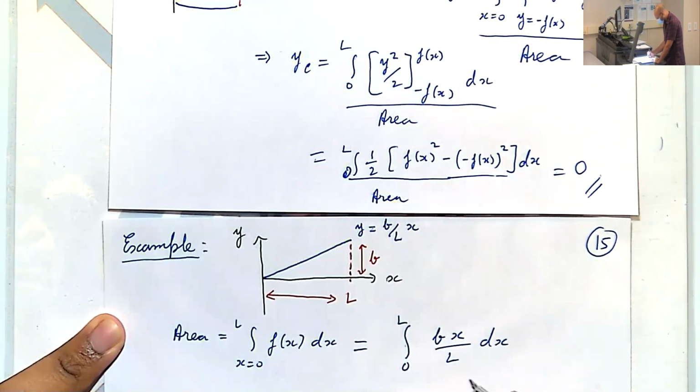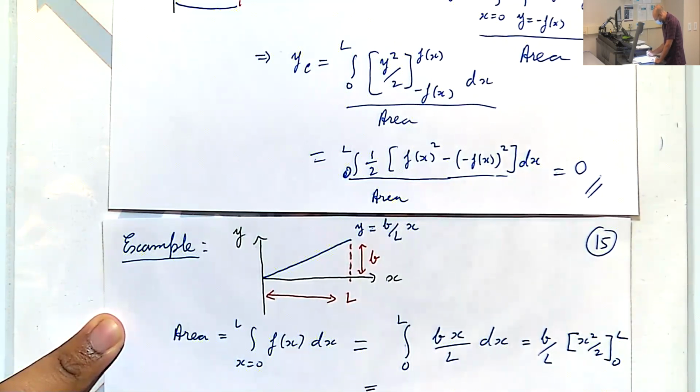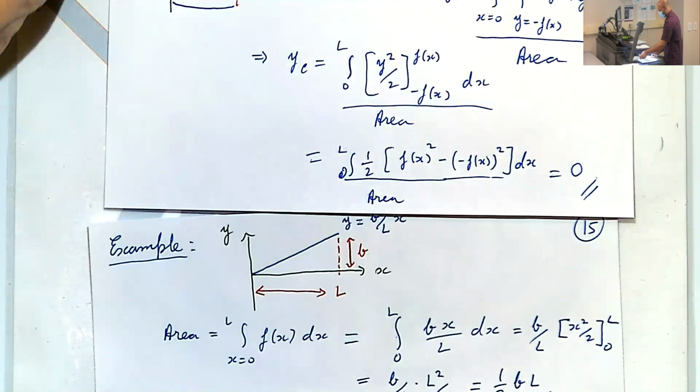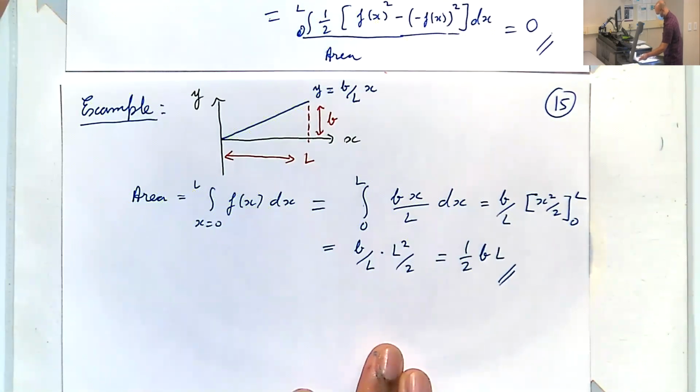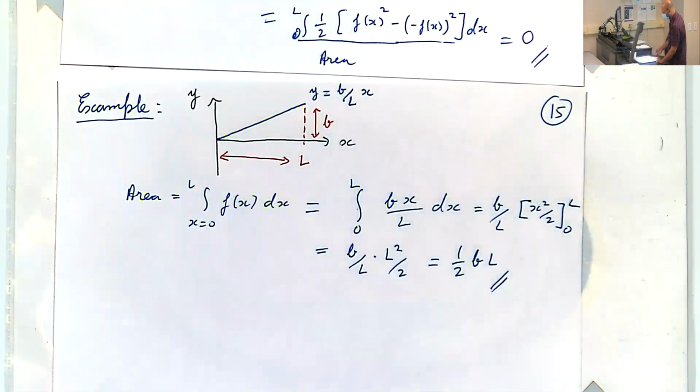B is constant, L is constant, so we just get b over L times x squared over 2, from 0 to L. b over L times L squared over 2, which is half base times height. Okay, so that's it. If this were not a straight line, but any weird shape, you do the same exact thing. You just have to know what f(x) looks like.